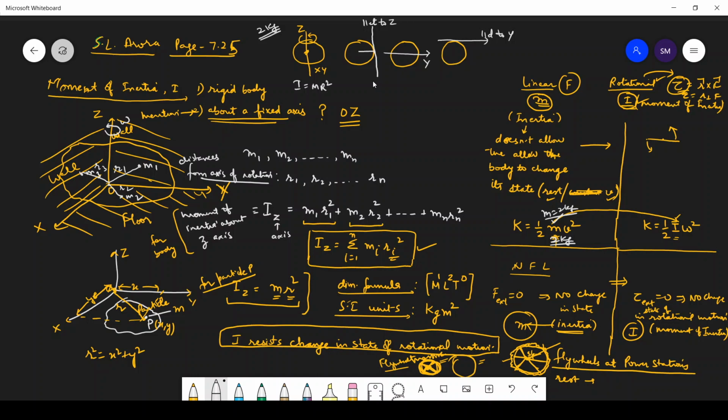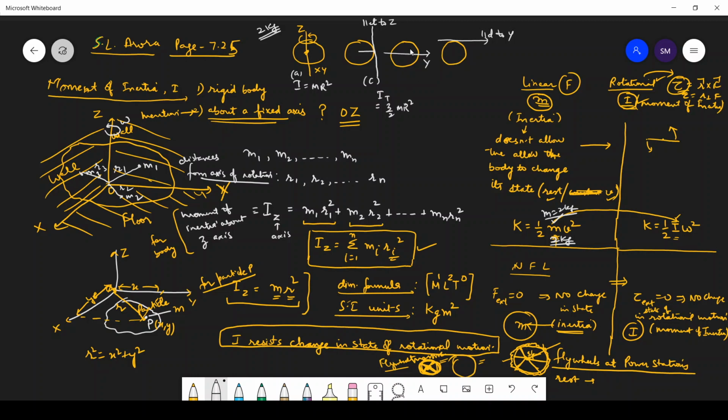If we are rotating it parallel to z-axis, which is case C in your book, this is case A. So in case C, you can see that moment of inertia along this tangent is equal to 3 by 2 mr square.